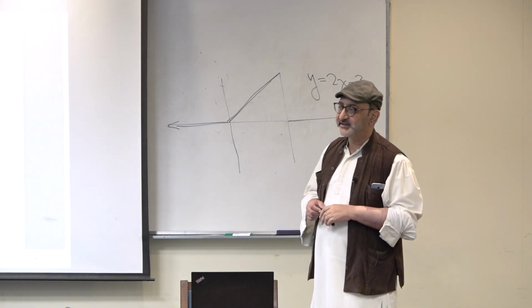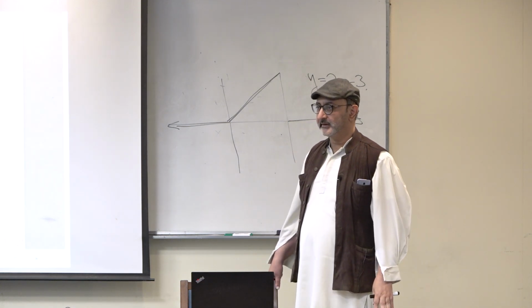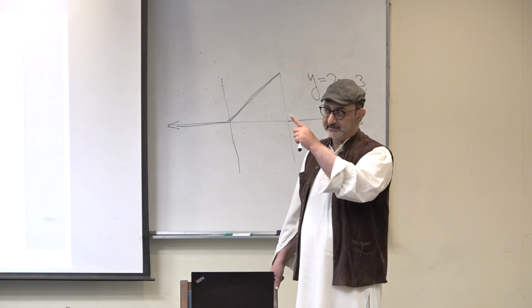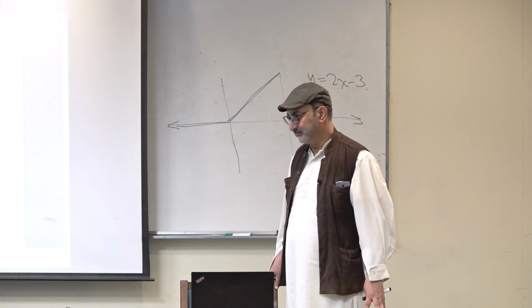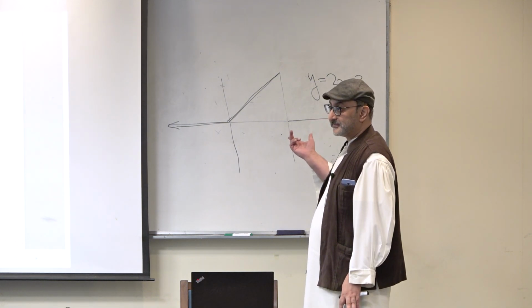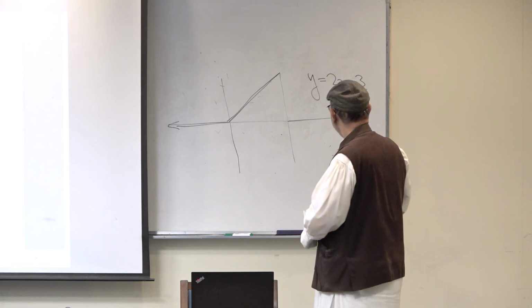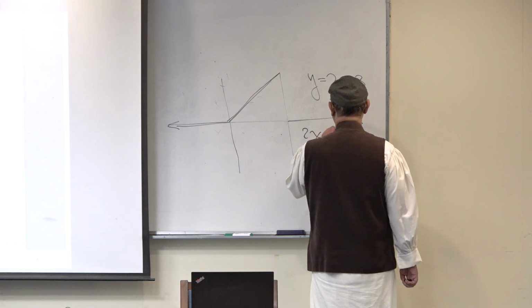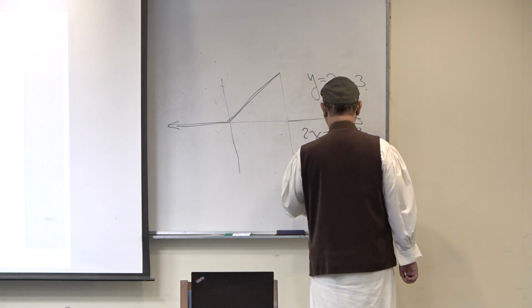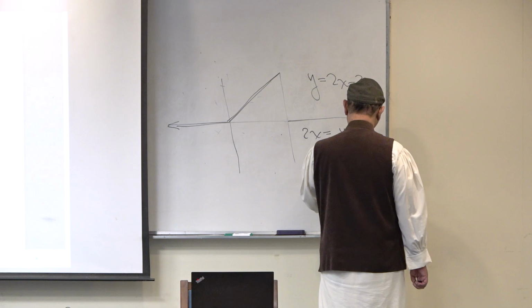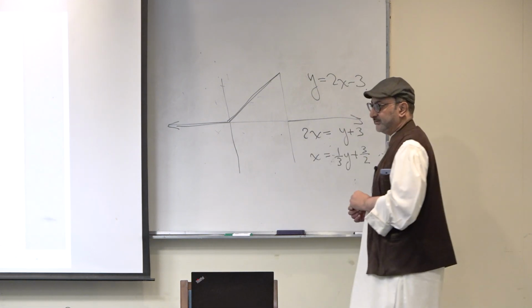Is that a one-to-one transformation? Sure. If I were to graph that, you could apply the horizontal line test, right? So this has an inverse. I can say 2X is equal to Y plus 3, X is equal to 1/3 Y plus 3 over 2.